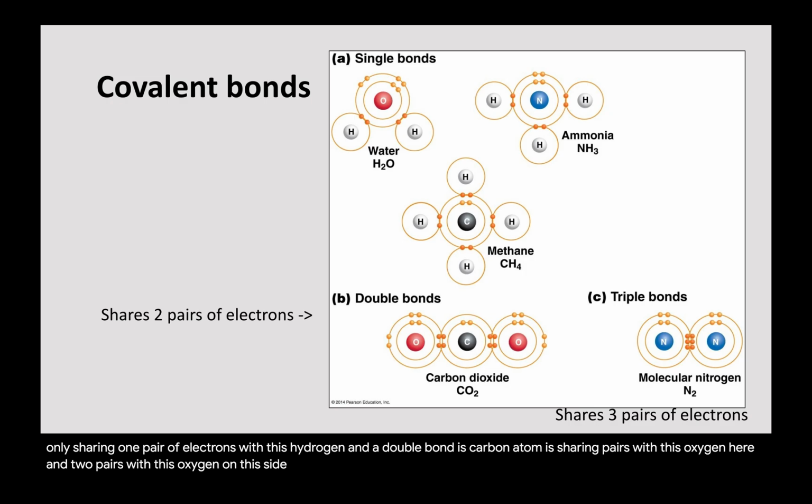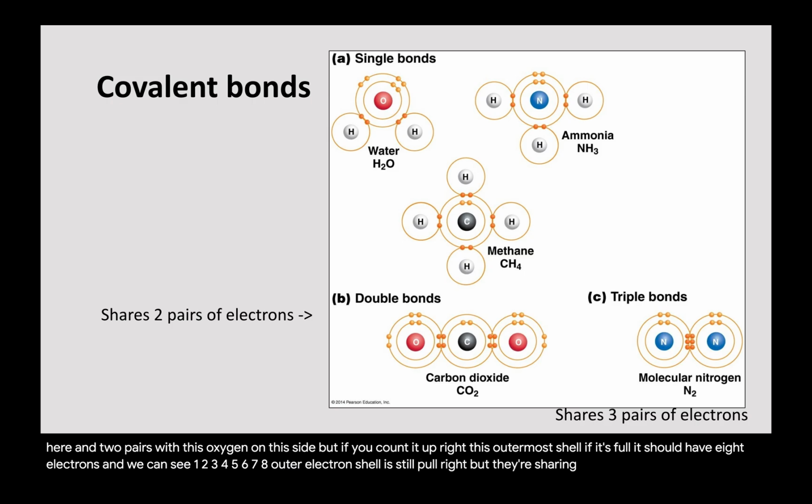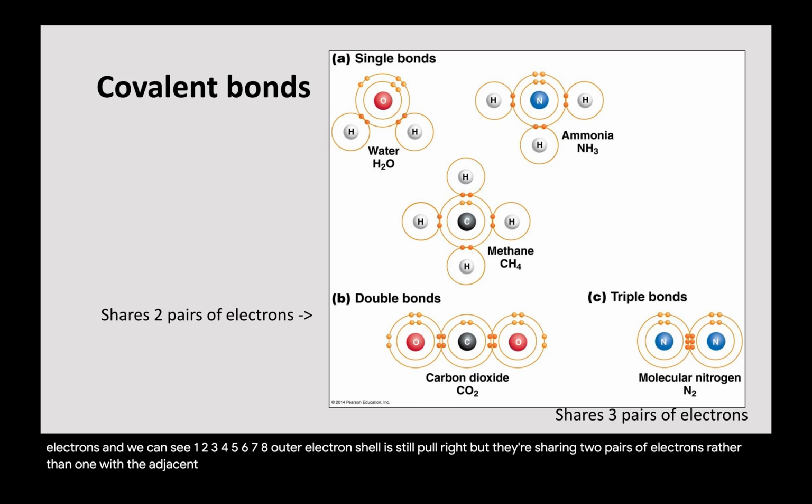But if you count it up, this outermost shell, if it's full, should have 8 electrons, and we can see 1, 2, 3, 4, 5, 6, 7, 8. Outer electron shell is still full, but they're sharing 2 pairs of electrons rather than 1 with the adjacent atom.